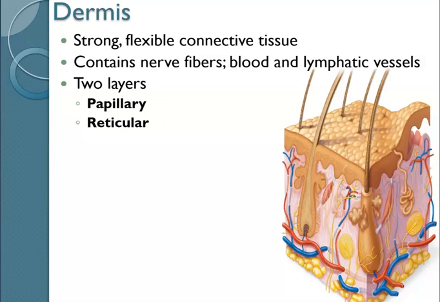The next layer down is the dermis. It's strong, flexible. It contains nerve fibers, blood vessels, as well as lymphatic vessels. If you recall from the tissues lecture, epithelium does not have blood vessels, so it depends on the connective tissue underneath for its blood supply.